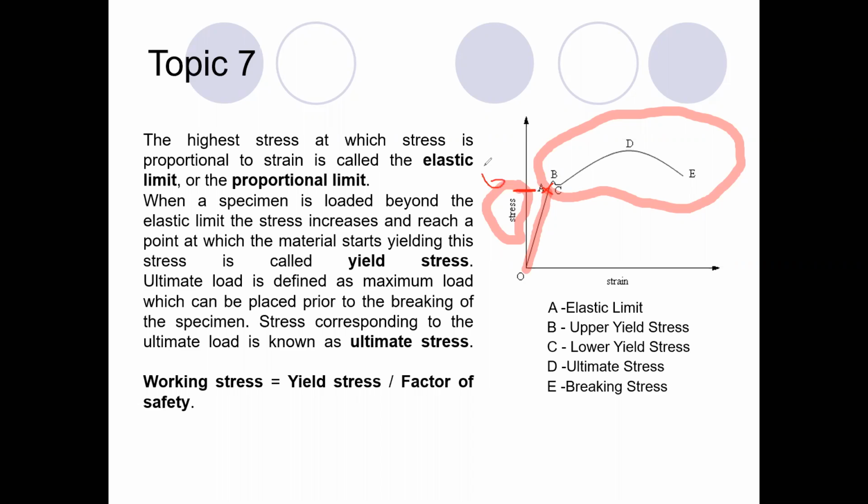So sigma elastic. Next two points, B and C, yield stress at the start of the plastic deformation, and here is the maximum value of stress that can be applied to the material, the ultimate stress, the maximum value.